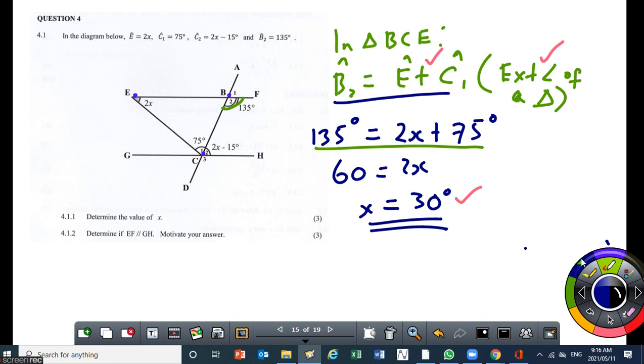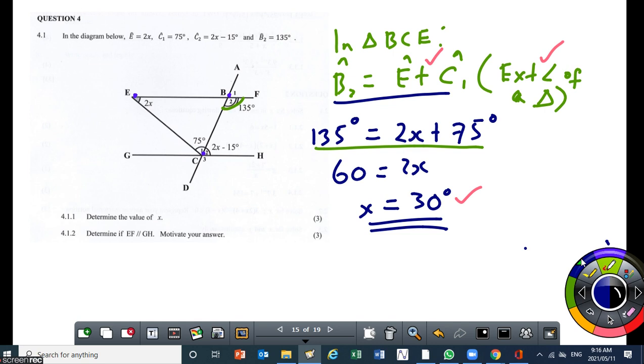Determine if EF is parallel to GH. Now, if you want to prove that the lines are parallel, and as you can see here, we have got straight lines. The best way is to prove that angles add up to 180, therefore they are co-interior, or a pair of angles are equal because they are corresponding angles, or they are alternate angles.